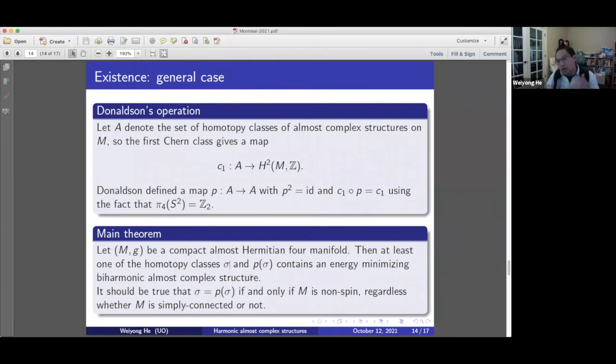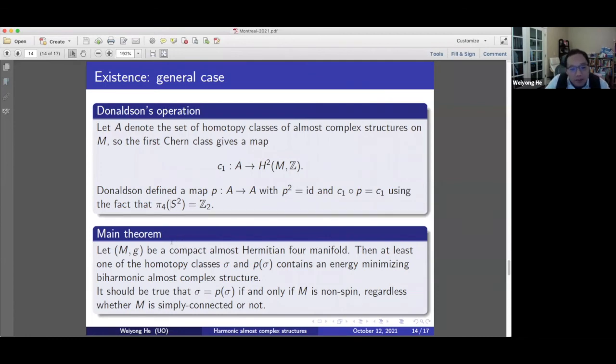In other words, modulo Donaldson's operation, if we put these two homotopy classes together corresponding to the same first Chern class, then we can prove these two homotopy classes will definitely contain an energy minimizer.